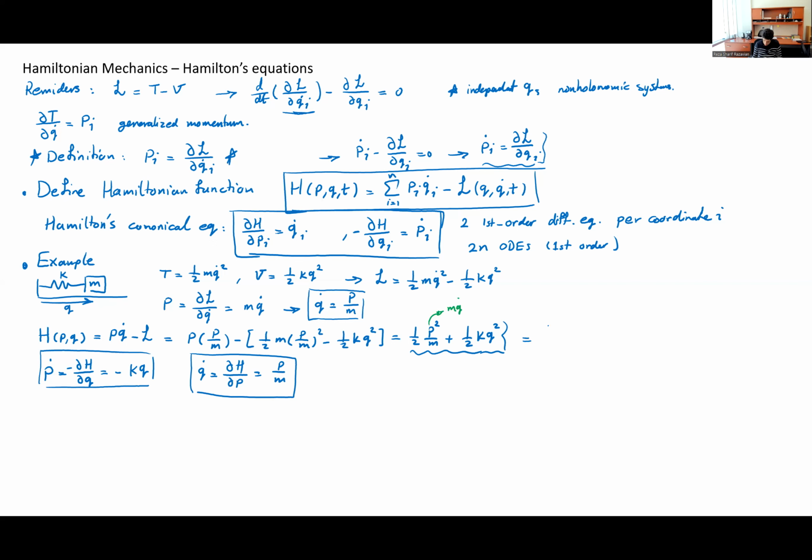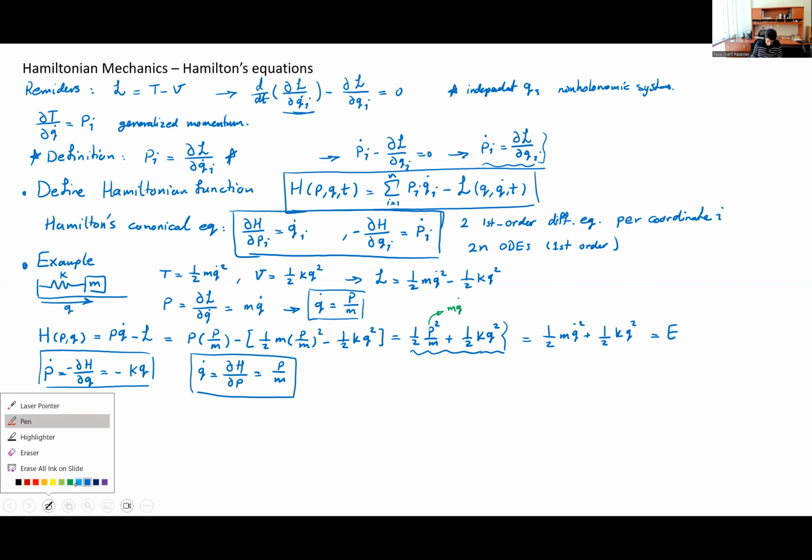So it is going to be 1/2 M Q dot squared plus 1/2 K Q squared. So 1/2 M velocity squared plus the potential energy of the spring. This is actually the total energy of the system.